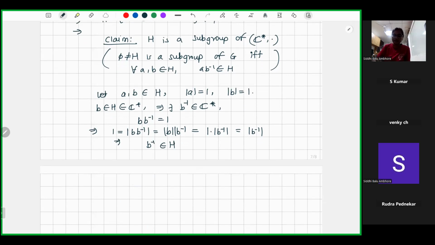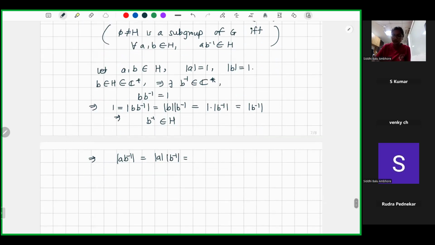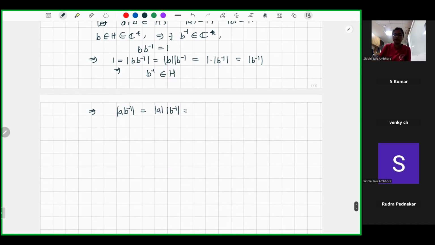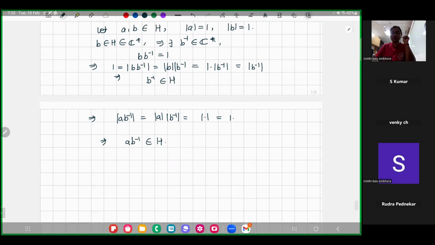And the moment I get this, I have this AB inverse. This is modulus of A, modulus of B inverse. But since modulus of A is 1, modulus of B inverse is again 1. So this is just 1. So this AB inverse belongs to my set H.